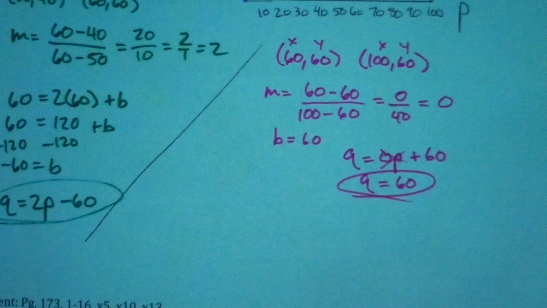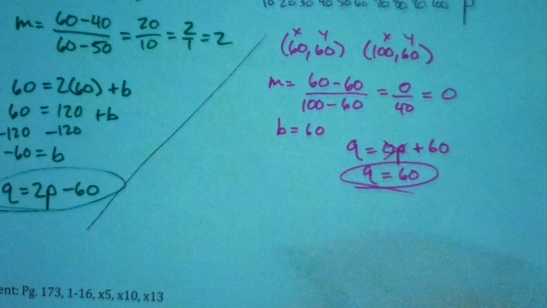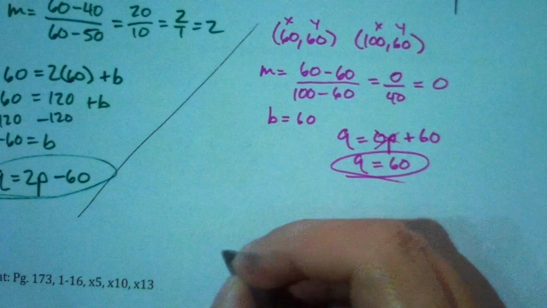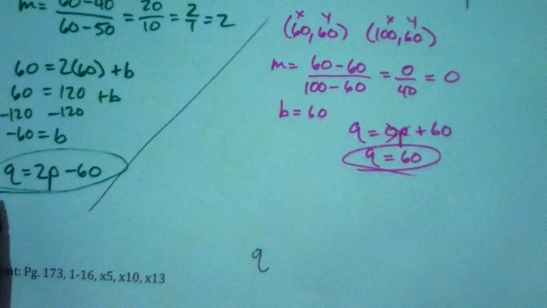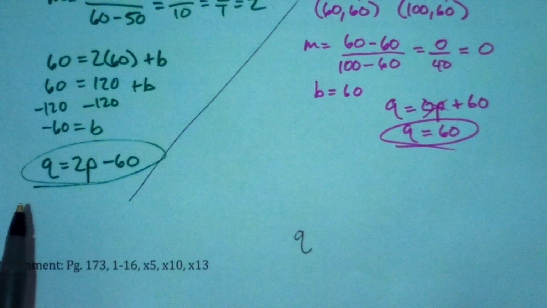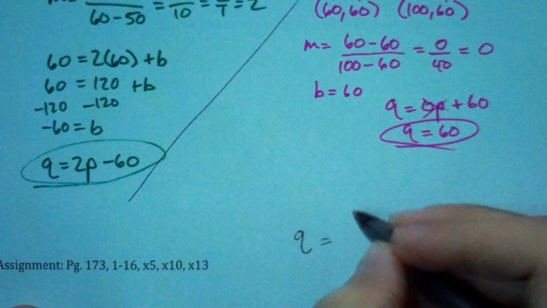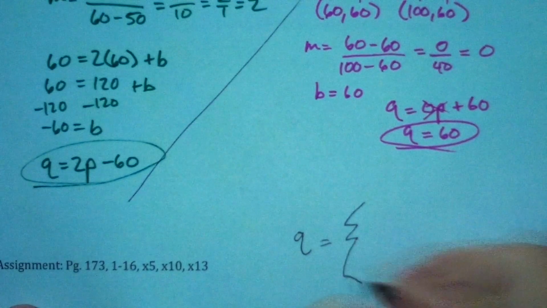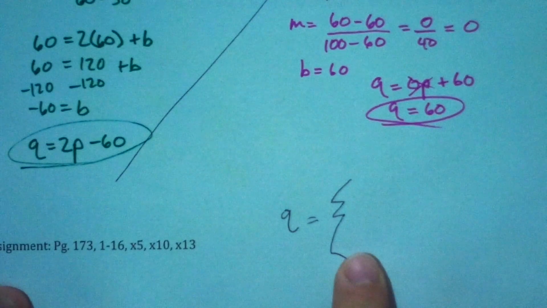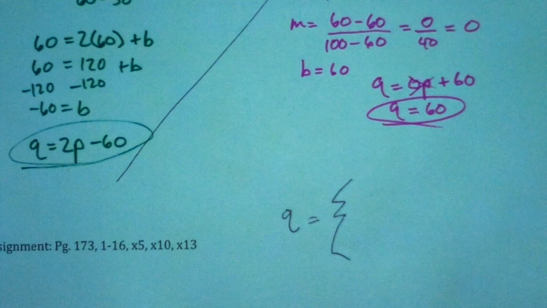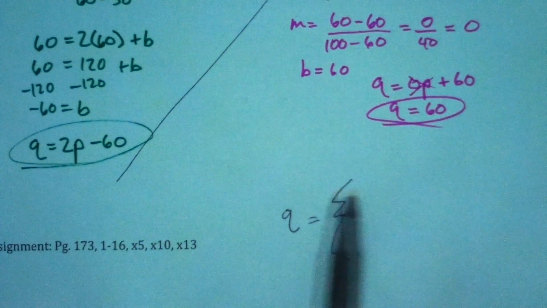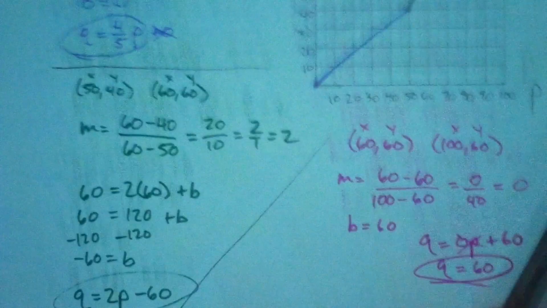And then same thing for the last one. In this case, it's just q equals 60. So you would just have to put the 60 down there. You wouldn't have to put any letters or anything because it's just that horizontal line at 60. And then again, we'd go comma, and then this will work for. And then what was our x domain here for that section? To 100, right? So if I go from 60 to 100 on that x value, or the p in this case, that would be that last chunk of the graph.